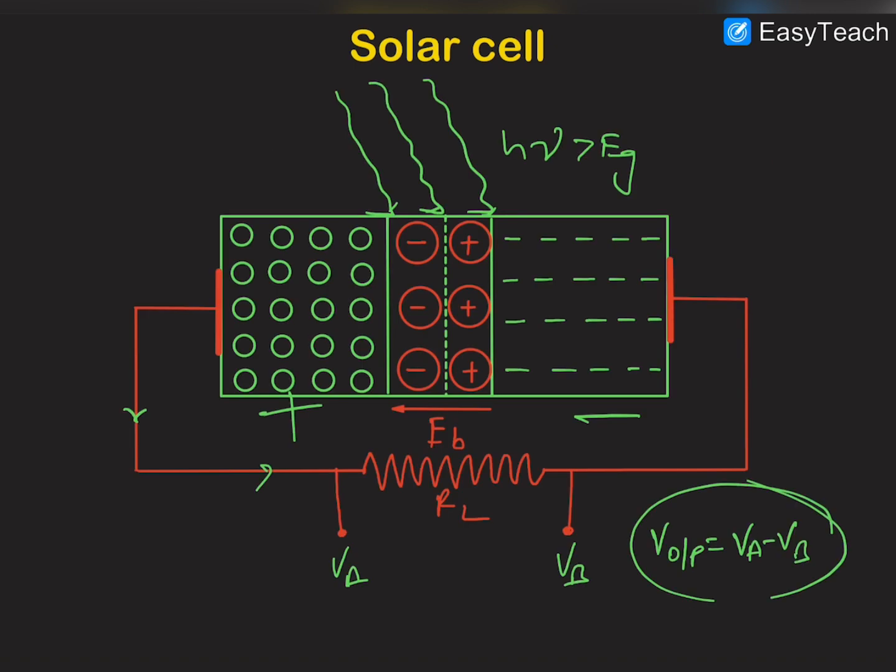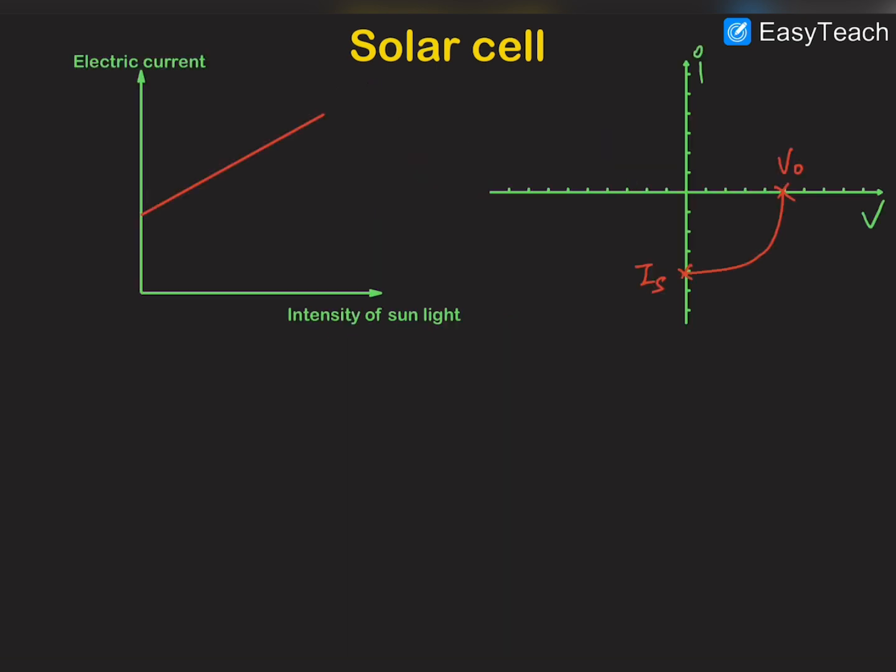We can say that the polarity of the diode in this case is such that the P side is positive and the N side is negative. This is the P side and this is the N side. So in this case, this polarity is always taken as positive.